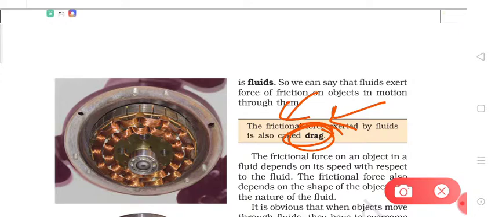You also have to make lists of methods which either increase or decrease friction. In one list, write the methods used to increase friction, and in another list, write the methods used to reduce friction.